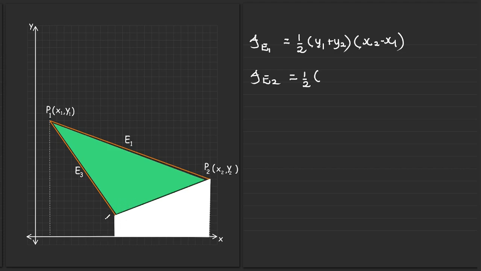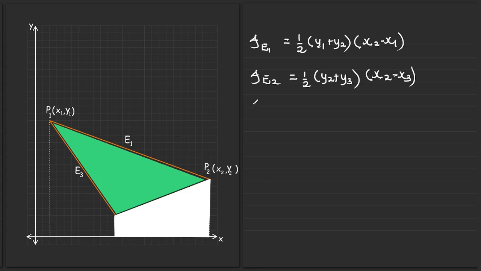The one here was x3, y3. So we have y2 plus y3, the heights. Then into bracket, x2 minus x3. You see, because x2 is ahead of x3, that is why we choose to do it this way.